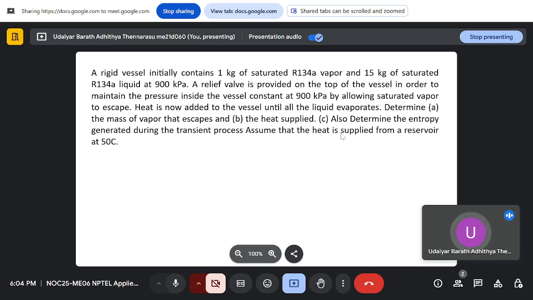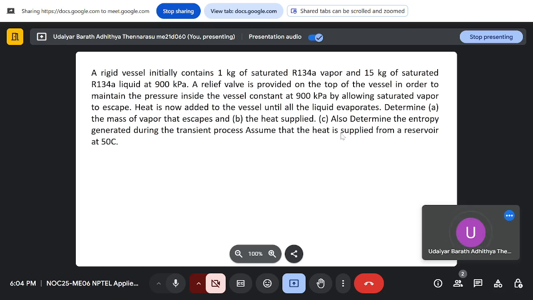So we have a R134A gas cylinder which initially contains 1 kg vapor and 15 kg liquid. So we know the total mass of the gas present and at what pressure, and what we need to determine is, when this whole 15 kg of liquid is evaporated, how much gas is left.